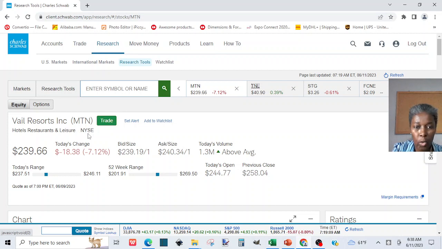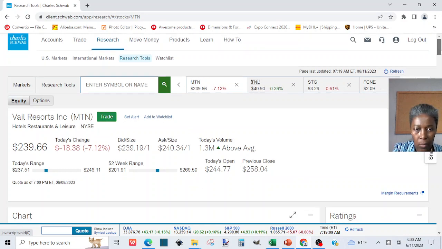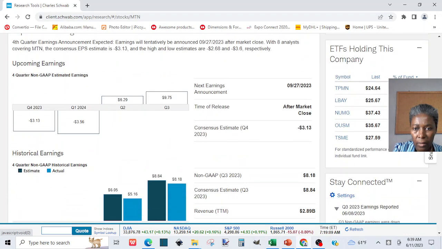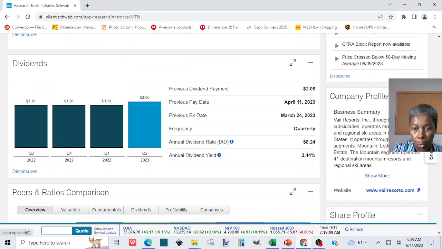It passed that filter, so you add the market to your spreadsheet, and you will add the 52 weeks low, 201.91, and the 52 weeks high, 269.50, on your spreadsheet. Then you scroll down to check the dividend to confirm that's what you have in your record. 3.44, and January, February, March, April, it pays in May, it pays in month 1 of the quarter, so it pays in April.